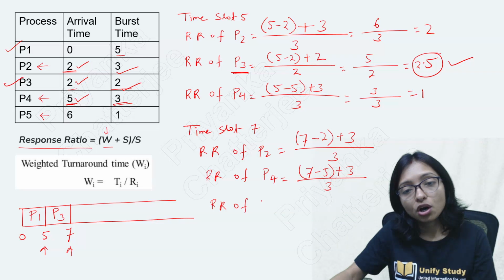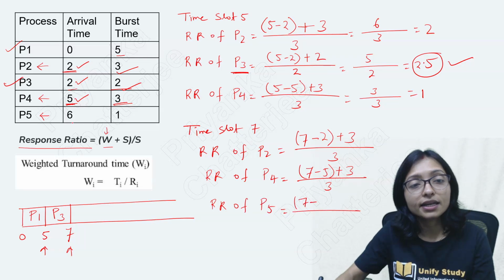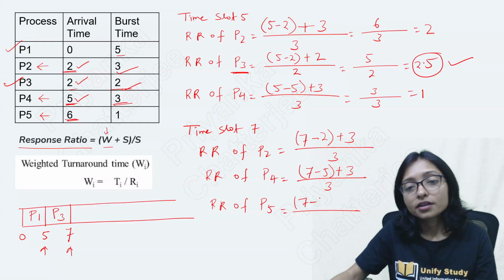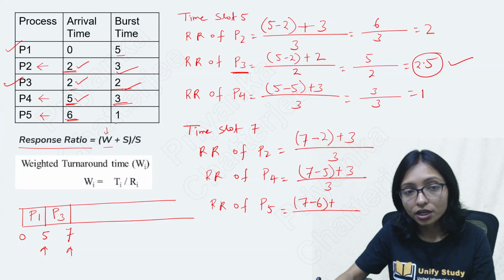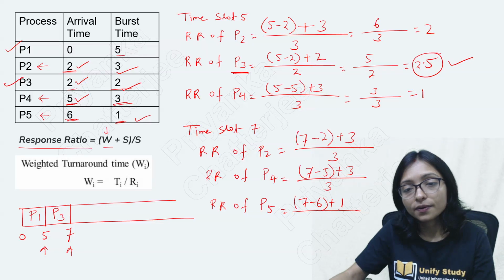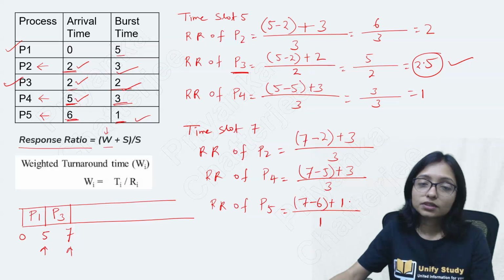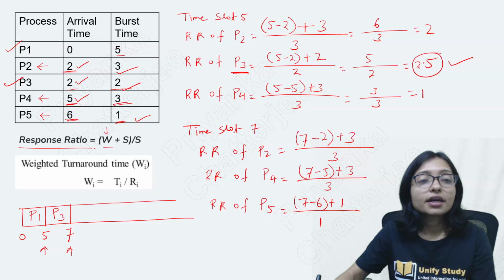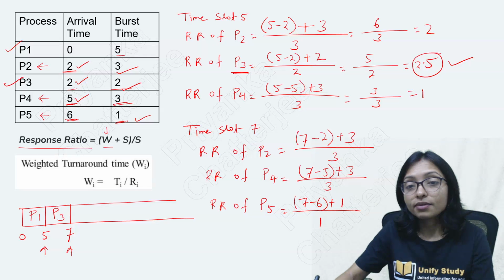Response ratio of P5 will be 7 minus 6 plus, burst time is 1, divide by 1. So here you are getting burst time 1, that's why divide by 1.